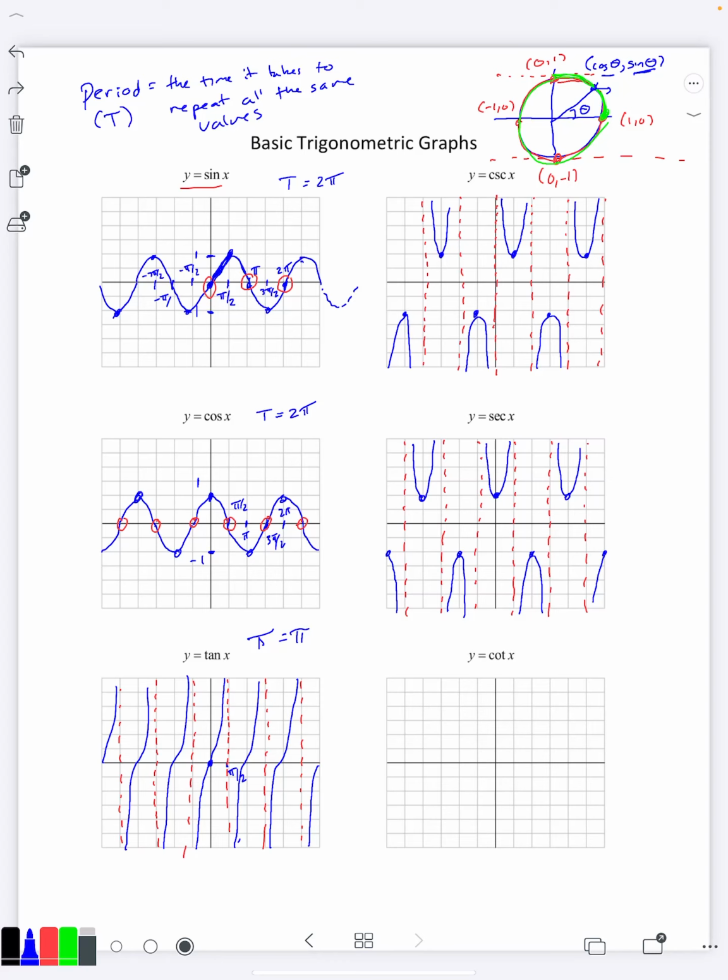Finally, for doing cotangent, it's, again, the reciprocal of all of that. So that means the places where it was 0 on tangent, those are where the new vertical asymptotes are going to be. So we'll go ahead and put the vertical asymptotes here.